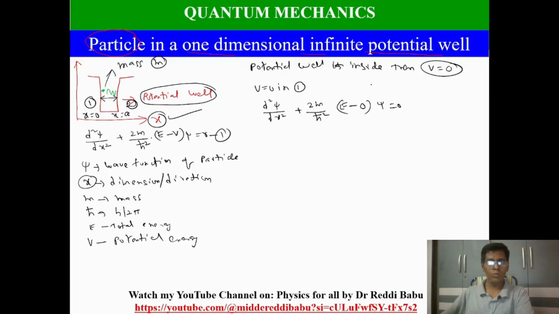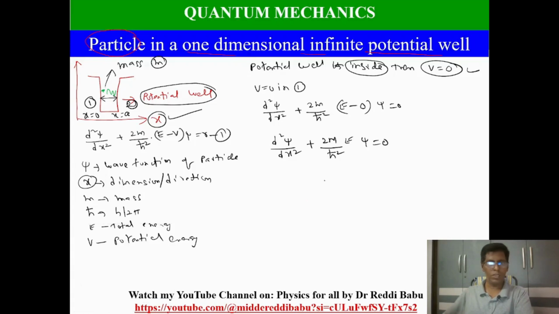Because the particle is moving inside the potential well, and when it is inside, it has 0 potential energy. So I am substituting 0 in the place of V. Then I will get the equation: d square psi by dx square plus 2m divided by h cut square into E into psi is equal to 0.